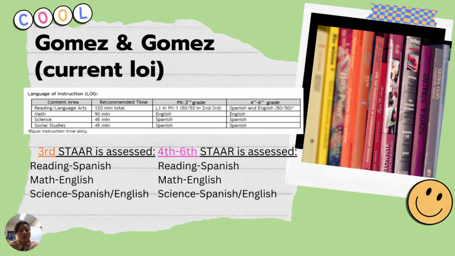justification for it. One of your justifications could be that the student still heavily requires the support in their native language, and that could be because they are a recent immigrant. And there's absolutely nothing wrong if you go against what I'm sharing here on this line, if that student is going to take the math STAR test in Spanish versus in English.